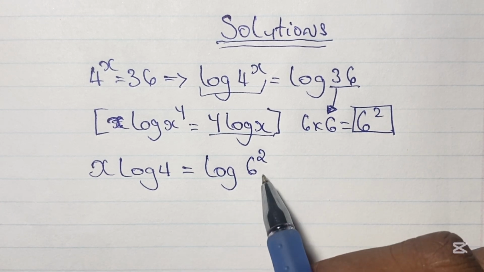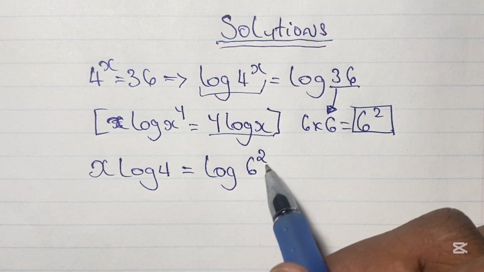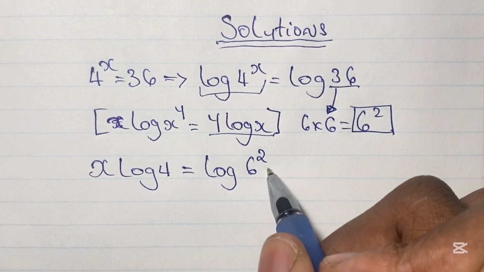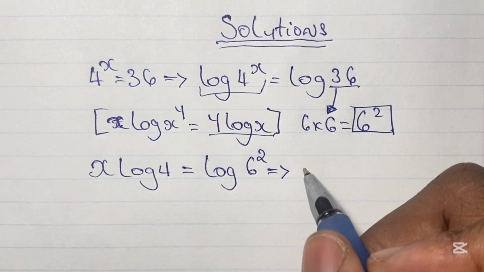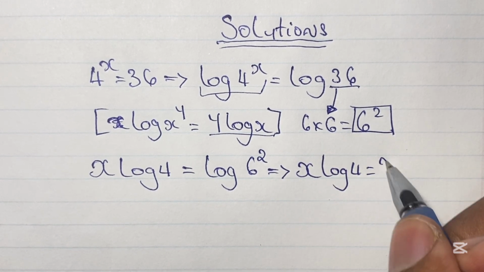Now just as we have x log 4, we can write log 6 squared using our rule here. So we can rewrite this as x log 4 is equal to 2 log 6.